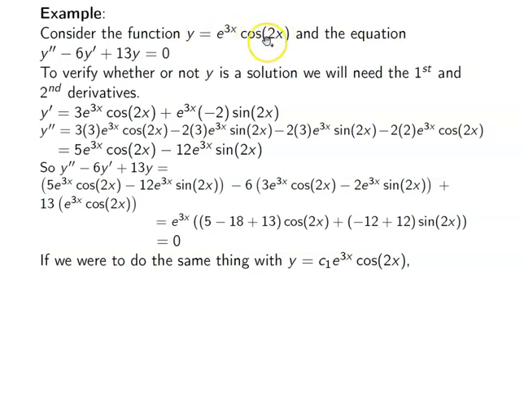This is a particular solution. If I were to do the same thing with y equals c1 e to the 3x cosine of 2x, I would still come up with a solution. Now, this is what we mean when we talk about a family of solutions.